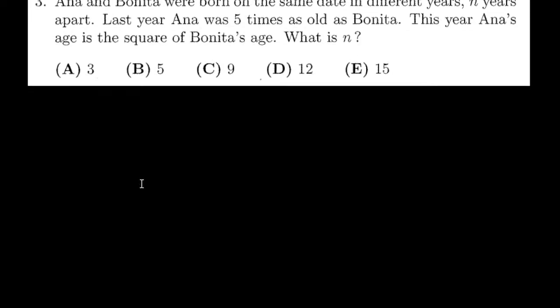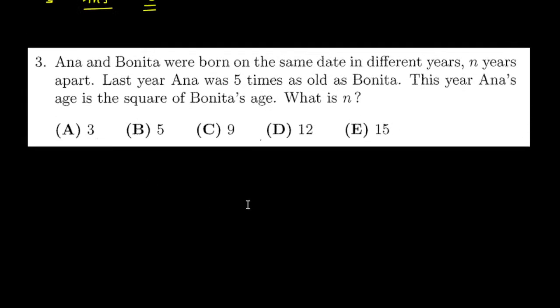Okay, now let us continue. As it is said here, last year Anna was 5 times as old as Bonita. So let last year's age of Bonita be x years.